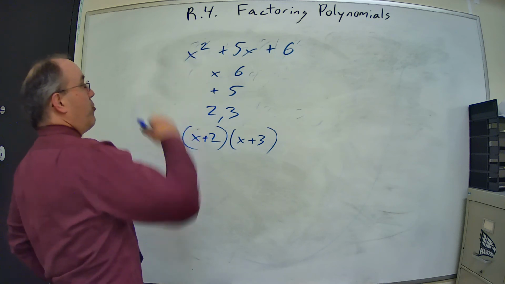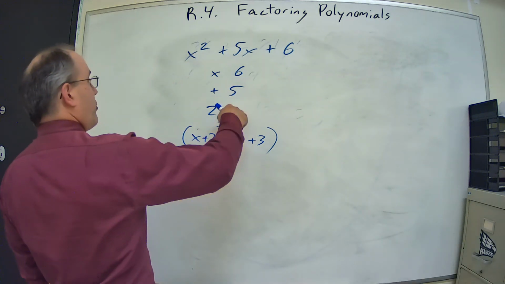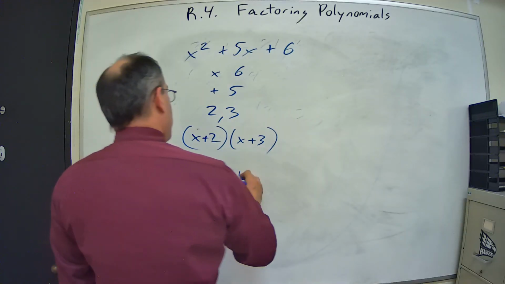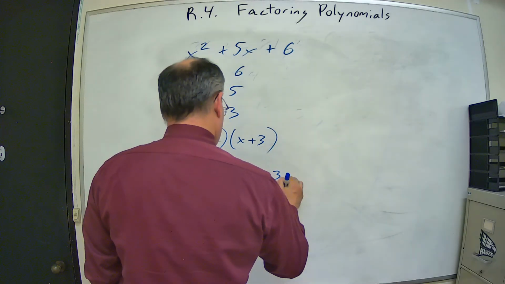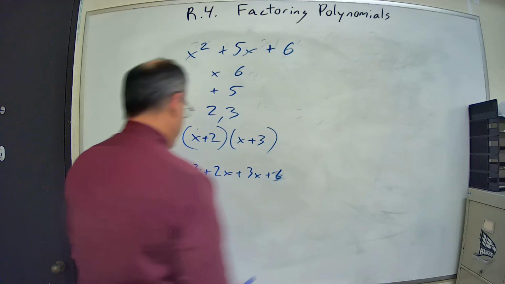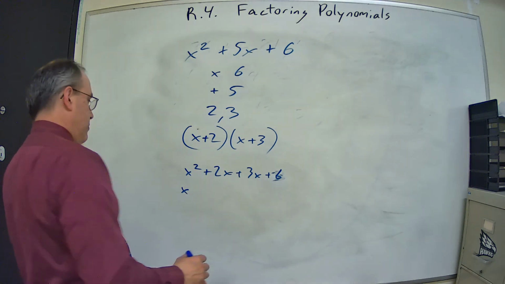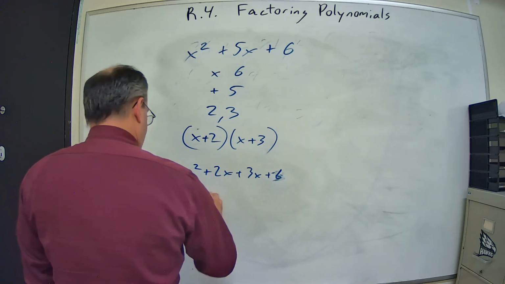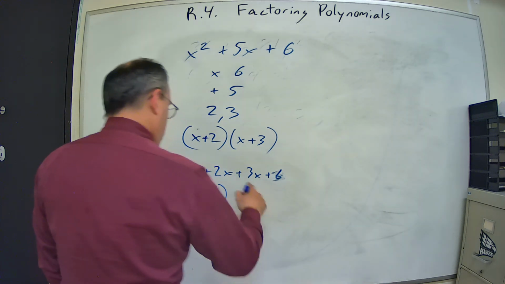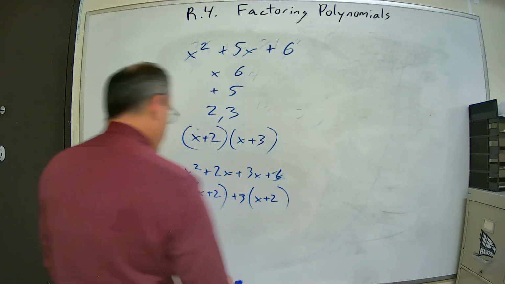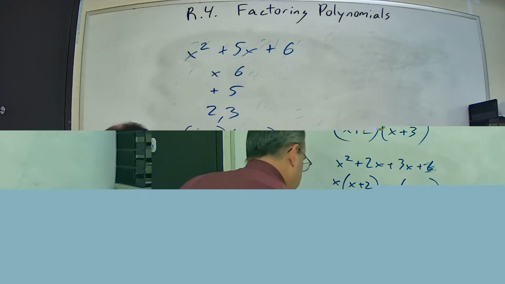Let's factor by grouping. Well, we come out with 2 and 3, so we have x squared plus 2x plus 3x plus 6. Pull out the x. Leaves us with x plus 2. Pull out the 3. Leaves us with x plus 2. Factor out the x plus 2.